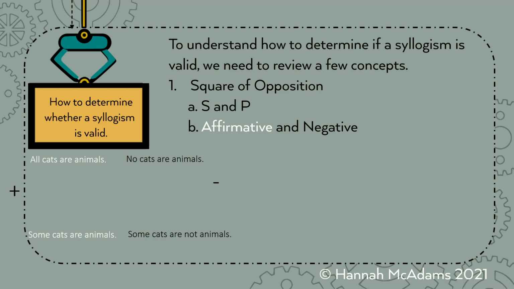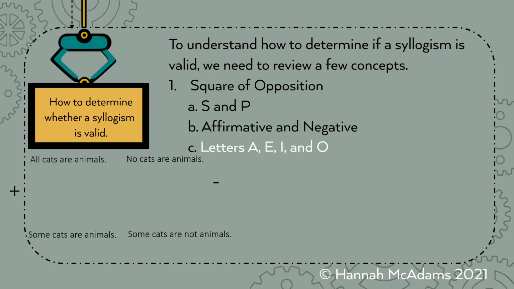So I put a positive sign over on the left and a negative sign over on the right of the square of opposition. And then we have letters A, E, I, and O. I don't know who made these up, but if you notice, A, E, I, and O are in alphabetical order. It's the vowels except for U, because there's only four options.